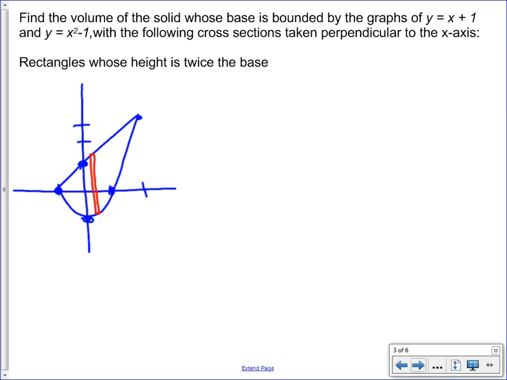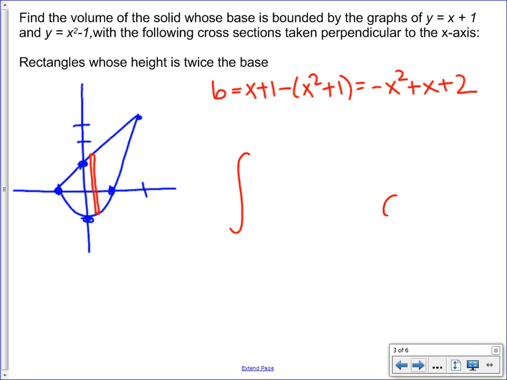So let's talk about the base. The base for these cross sections is still going to be top minus bottom, right? A reference rectangle has thickness dx, and so that's what we're integrating with respect to.